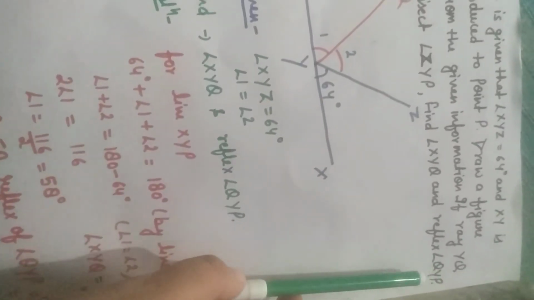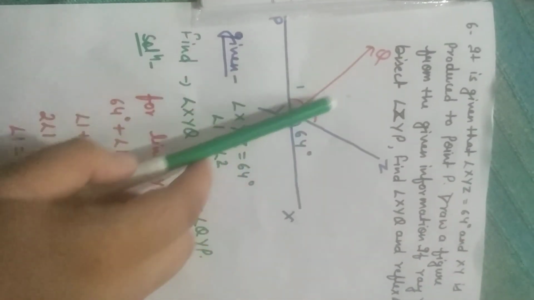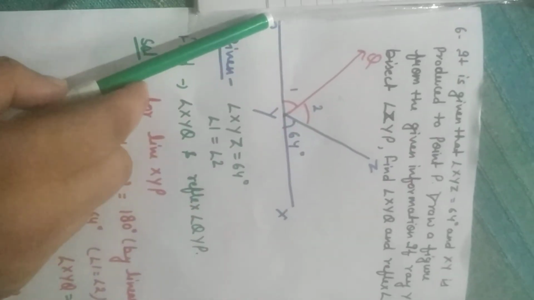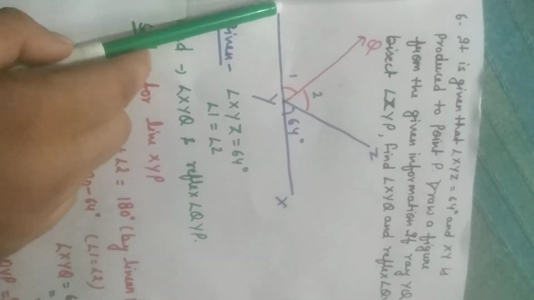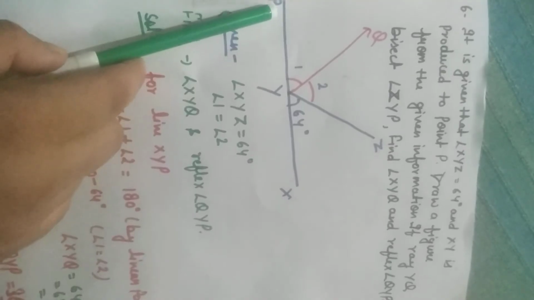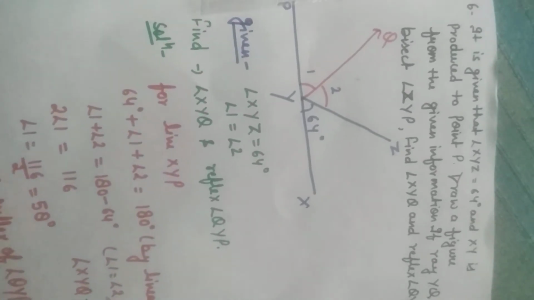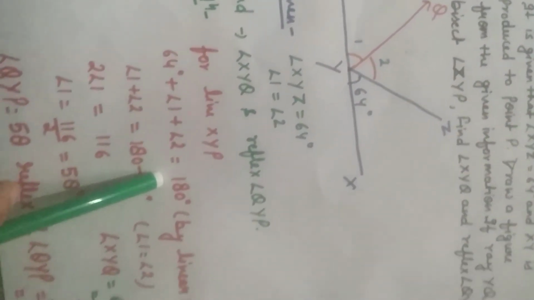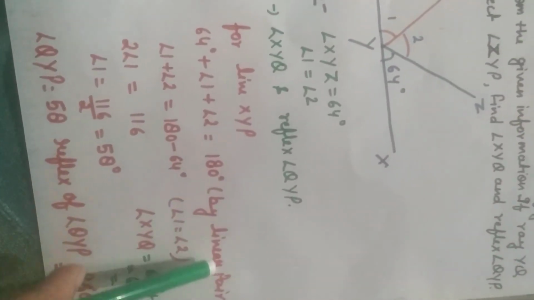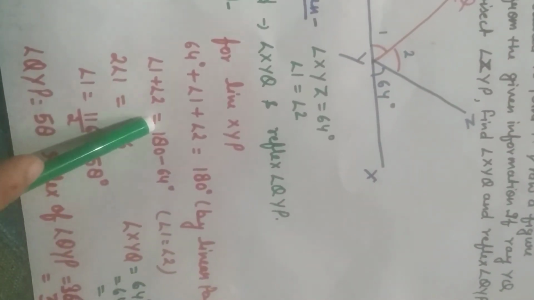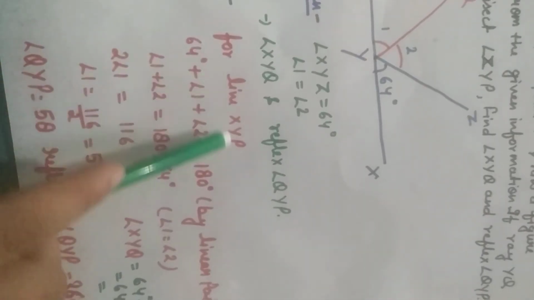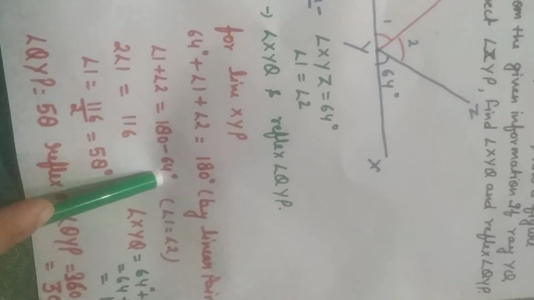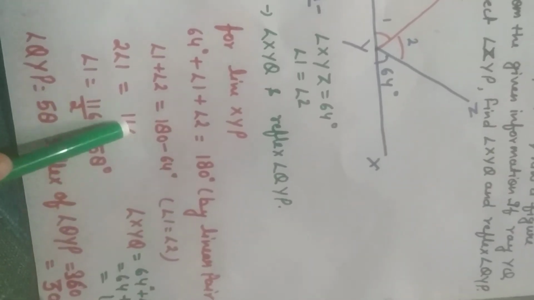First I am finding angle QYP. QYP is here, angle 1. XY has been produced, so XYP is a line. A line always forms a 180 degree angle, we know that. So 64 plus angle 1 plus angle 2 is equal to 180 degrees by linear pair. So angle 1 plus 2 is equal to 180 minus 64, which gives 116.